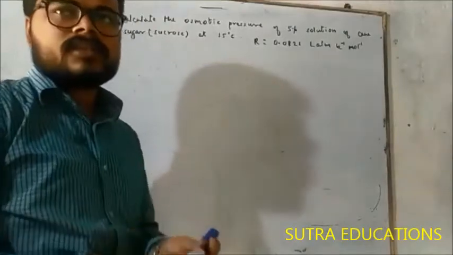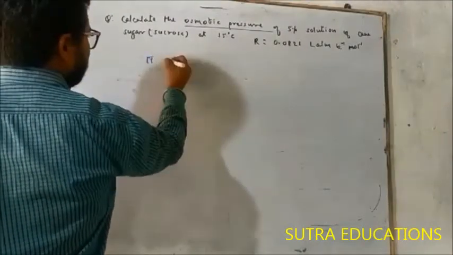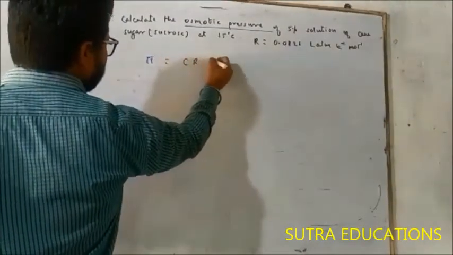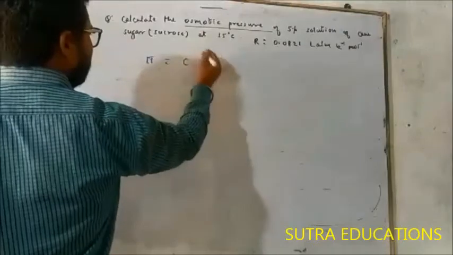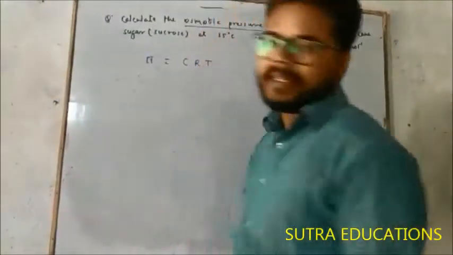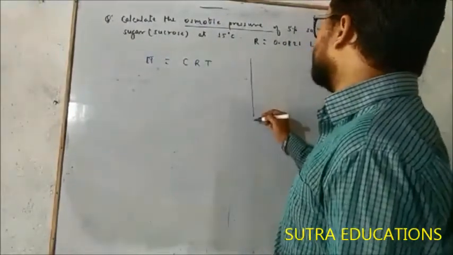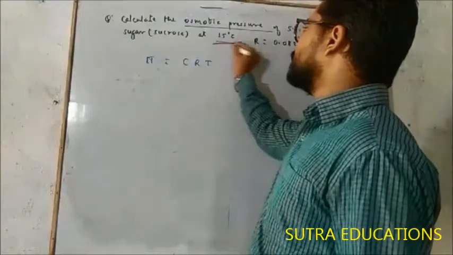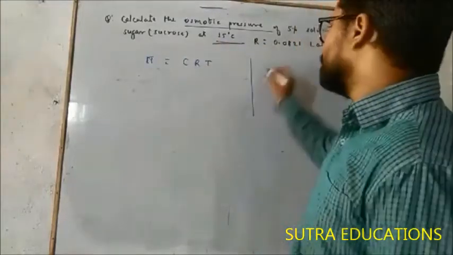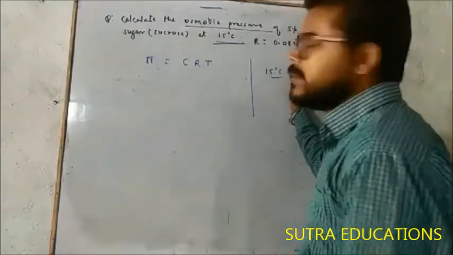So in this question we have to calculate osmotic pressure. What is osmotic pressure? Osmotic pressure is pi and it is CRT, where C is concentration, R is gas constant and T is the given temperature. It is given at 15 degrees Celsius, and we have to take temperature in Kelvin.